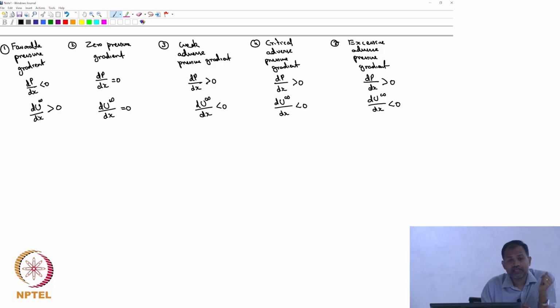So in the first case, where u∞ is increasing with x, that's like a contraction. This is just uniform flow.